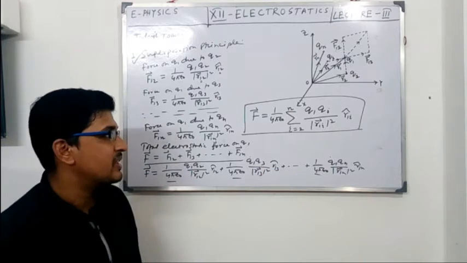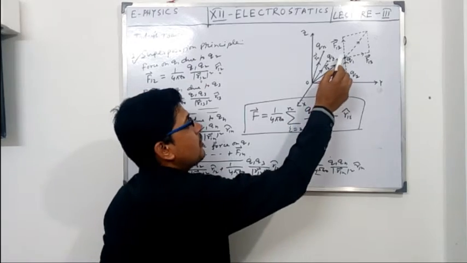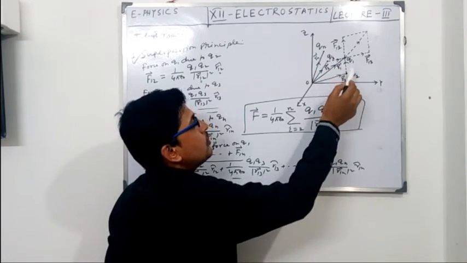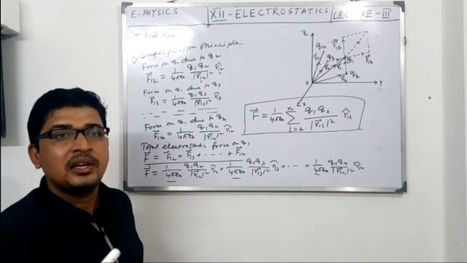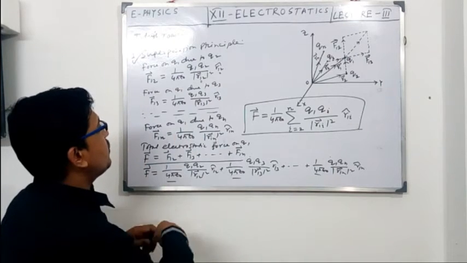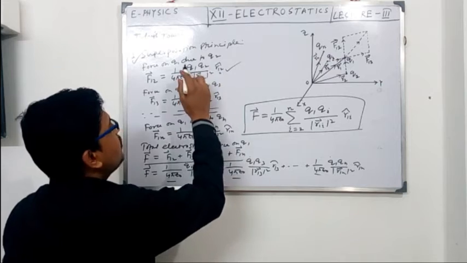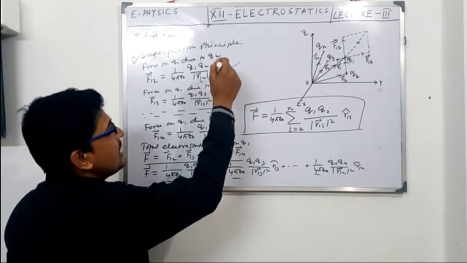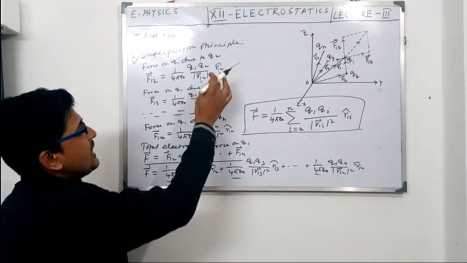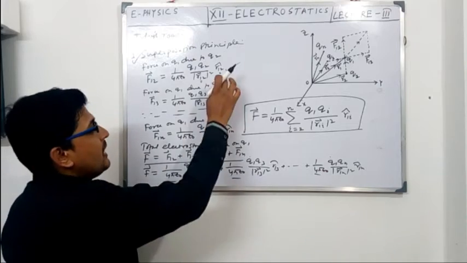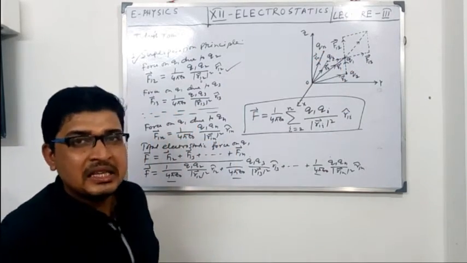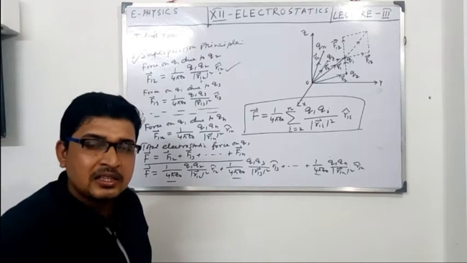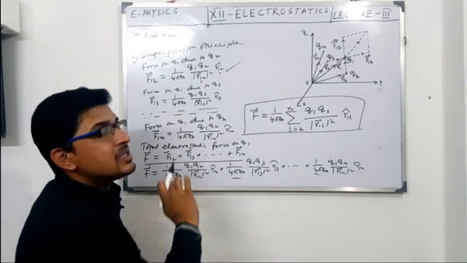And one important thing: when we find the electrostatic force on Q1 due to Q2, Q3, Q4, each charge particle, suppose when we find the force expression on Q1 due to Q2, at that time all the charges present in this region have no effect on this force.